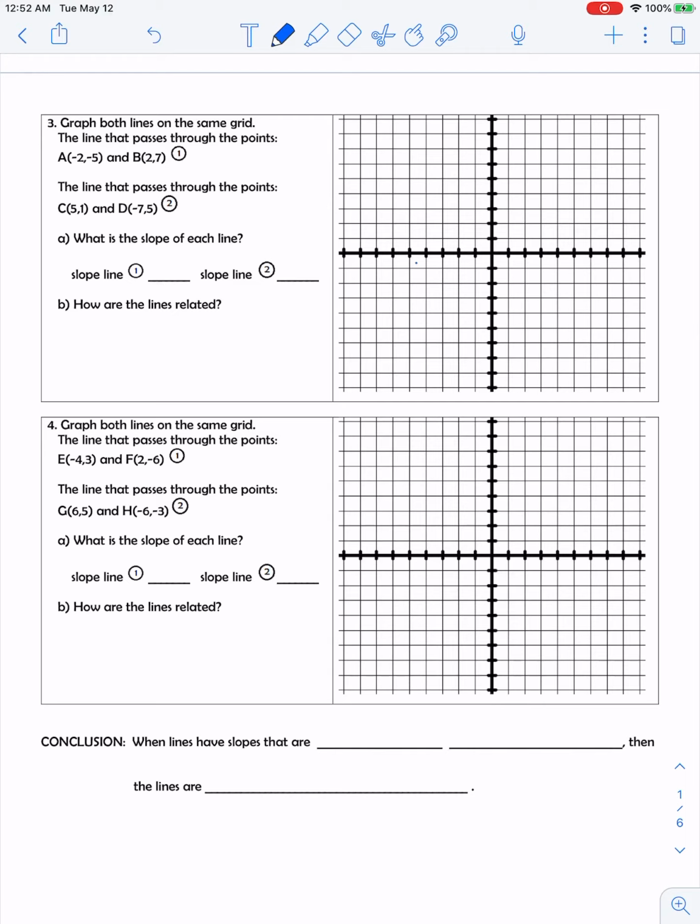Alright, -4, 4, 4, -4, x, y. Alright, (-2, -5) will be right there. That's A. And then (2, 7) will be right there.